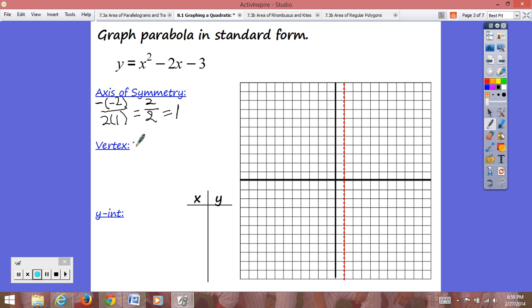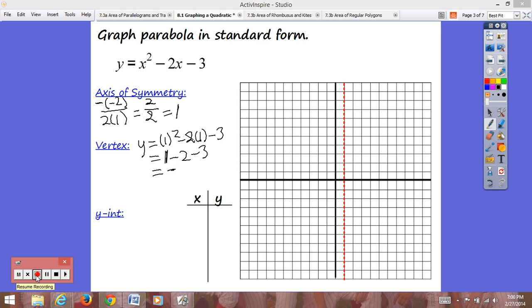To find our vertex, we need to plug 1 in for x to find our y-coordinate, so we have y is equal to 1 squared minus 2 times 1 minus 3, which is equal to 1 minus 2 minus 3, and that will come out to be negative 4.